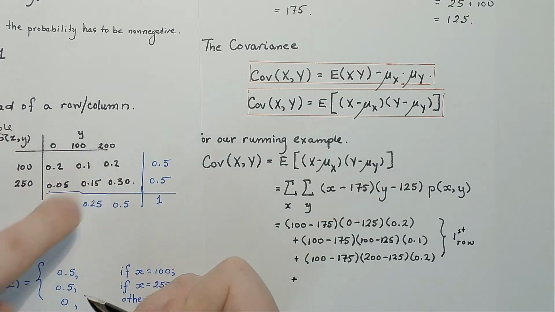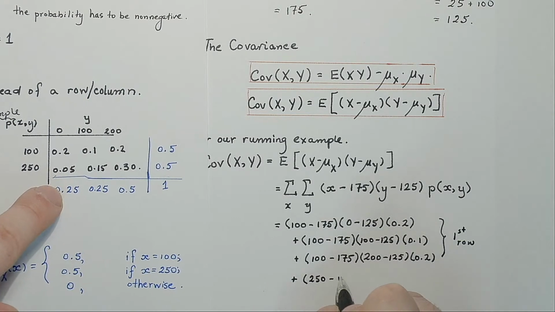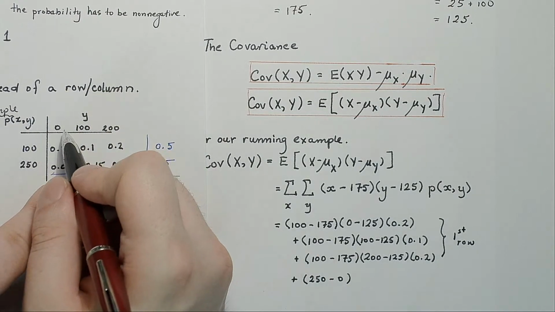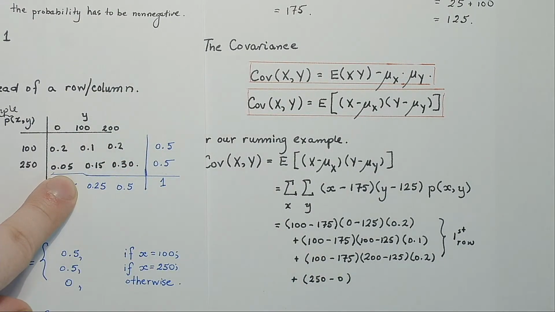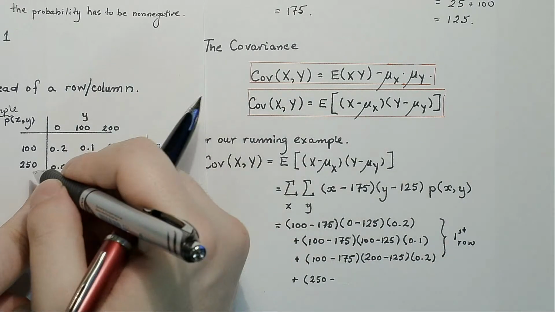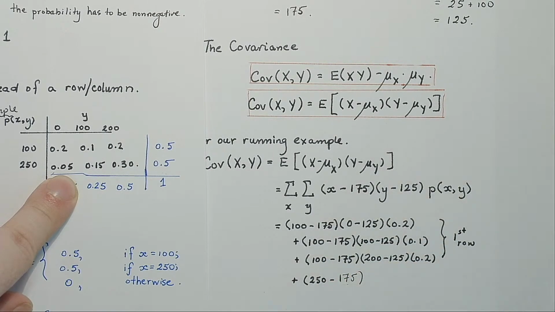I have to still do the second row. So I have 250 minus 0. So I have 250. I have to be careful. So it's 250 minus the expected value of x times 0 minus 125 times 0.05.